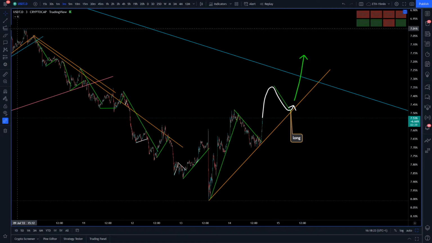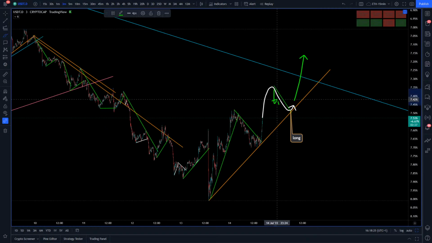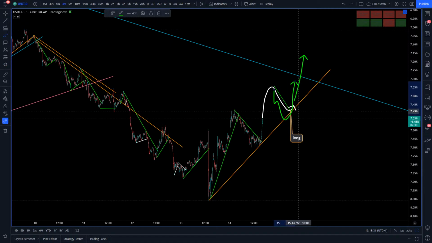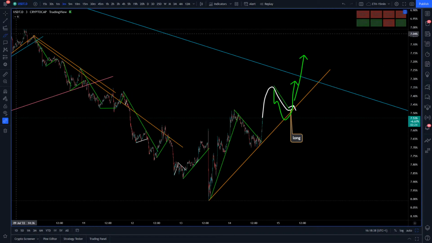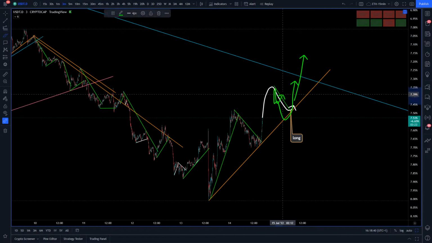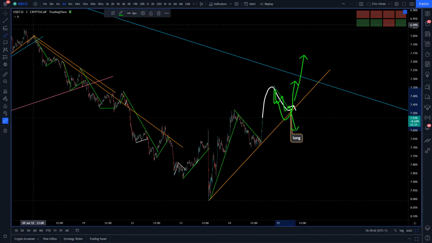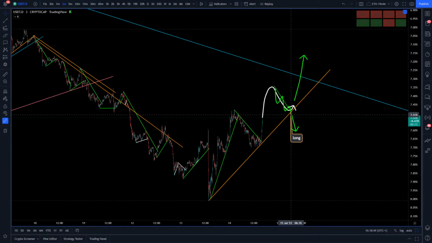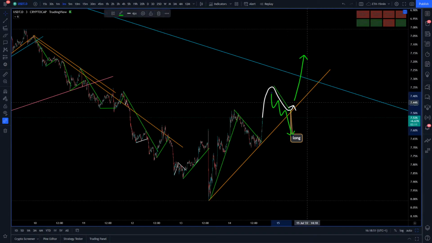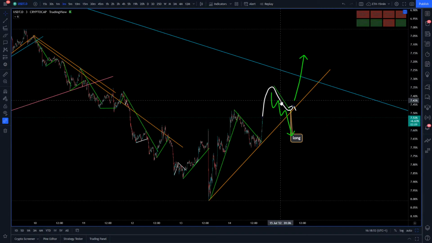If this makes an ABC, then we close our short and we open a long. If it doesn't make ABC, if it makes this, then we keep our short. It's simple as that. It's very simple. So either this or this.